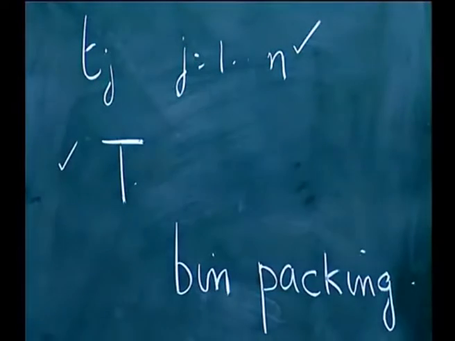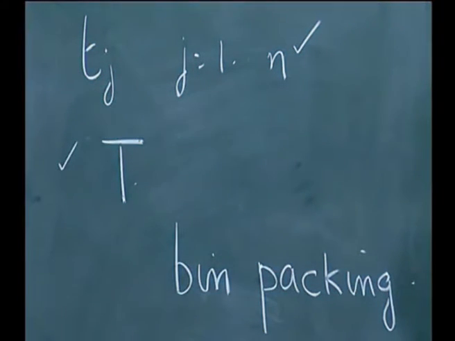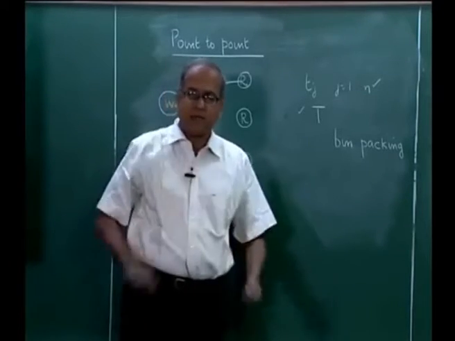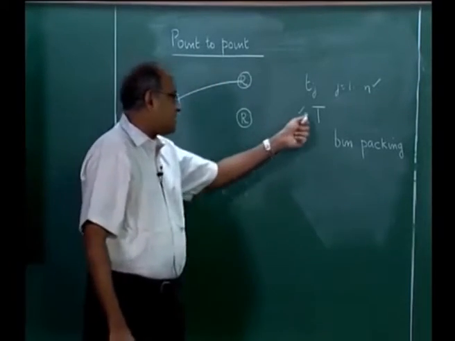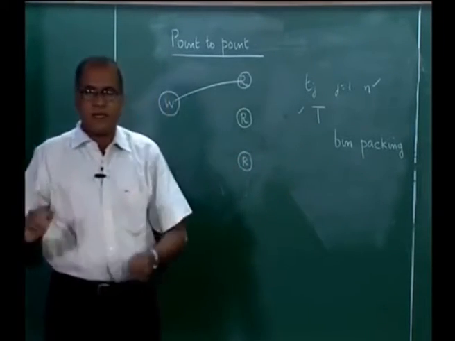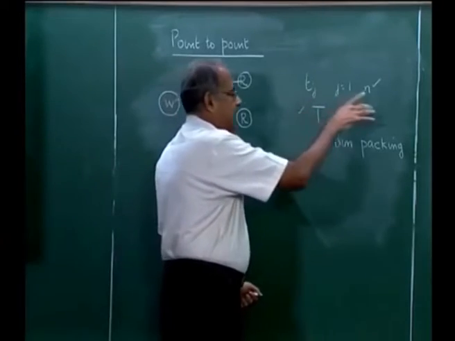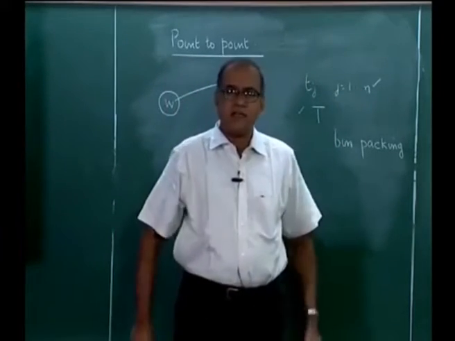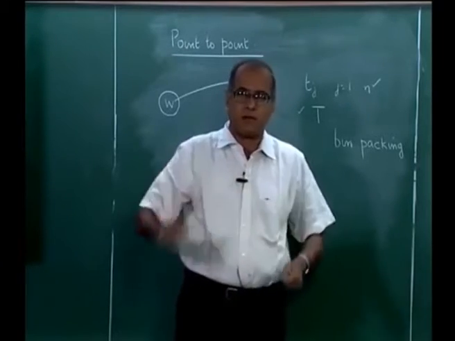So, I have to put these items one above the other, it is a one dimensional bin, such that I do not exhaust the height of the bin. How many bins do I need so that I can pack all these n items, where the jth item has tj? That is a one dimensional bin packing problem.